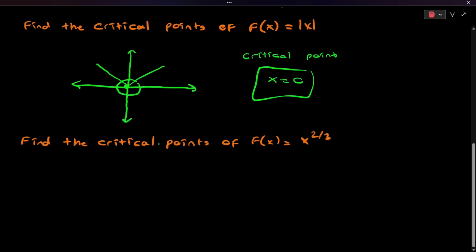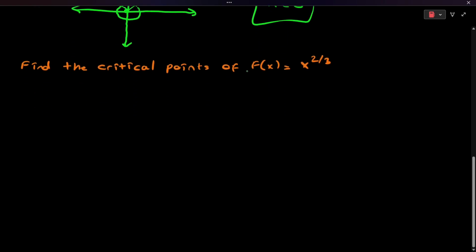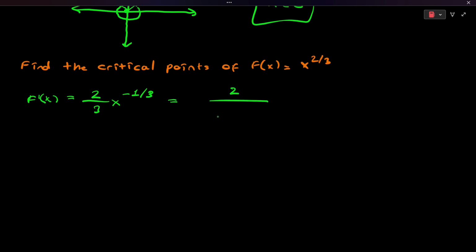Find the critical points if f of x is equal to x to the power of 2 over 3. I will differentiate this. Derivative is going to be 2 over 3 x to the power of negative 1/3, which can be written as 2 over 3 x to the power of 1/3 in the denominator.